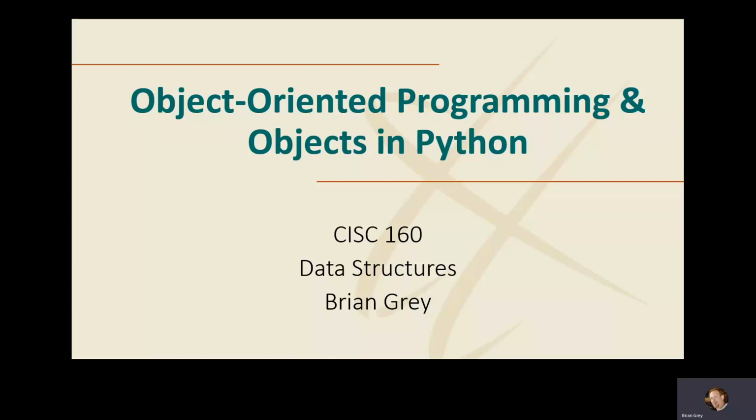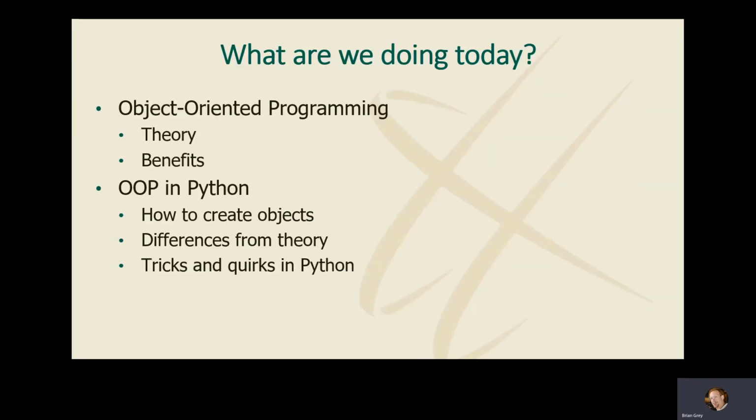So today we'll be talking about object-oriented programming and specifically how to create objects in Python. This is a key concept for this course and for object-oriented design and programming in general. This is going to lay the foundation for all programs that come next.